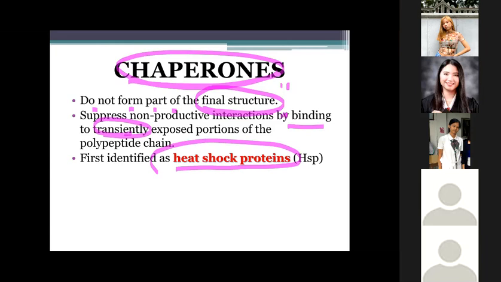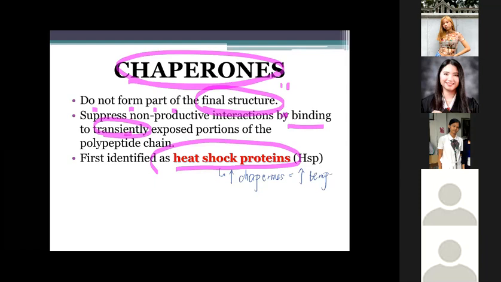Why? Based on experiment before, tumataas ang concentration ng chaperones, kapag ang temperature ay elevated sa cell. Again, ang heat shock proteins or chaperones are said to be abundant in cells that are being stressed by high temperature environment. Kaya heat shock.